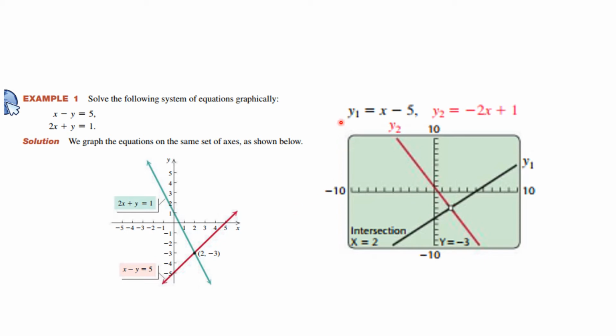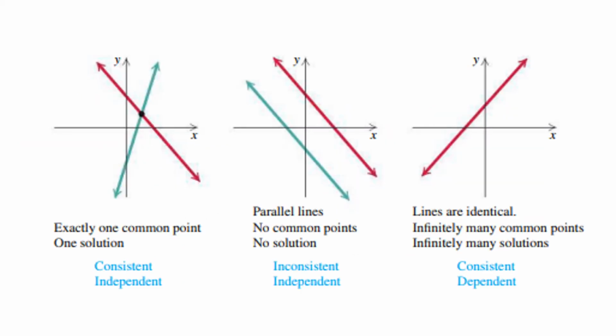We can use our calculators, but then we have to put these in slope-intercept form because that's what happens in the y graphing screen. Then you can find the intersection between these two curves using the intersection techniques that we talked about previously in the course. In any event, the answer to this is (2, -3).